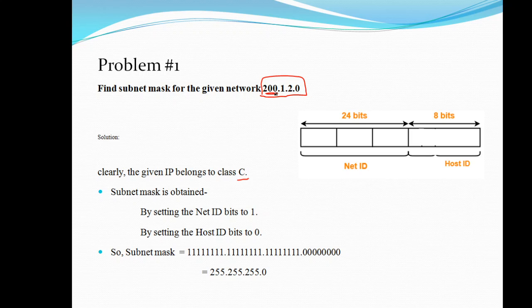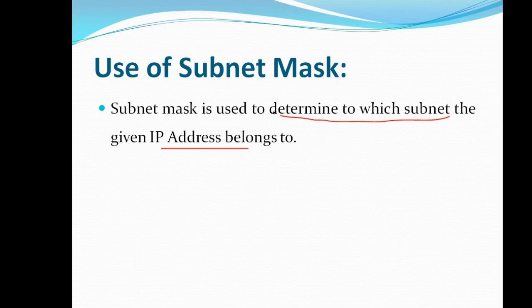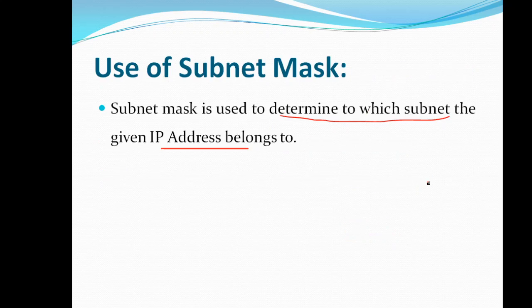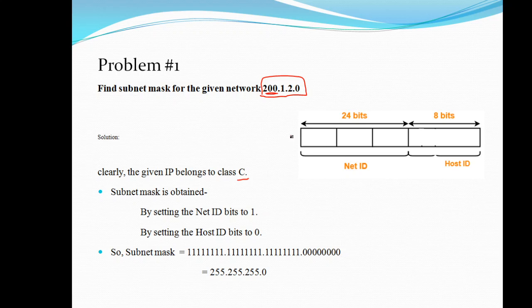This is class C. The default subnet mask for class C, as we discussed, is 255.255.255.0. For class C, the first three octets represent the network ID part and the last octet represents the host ID part.